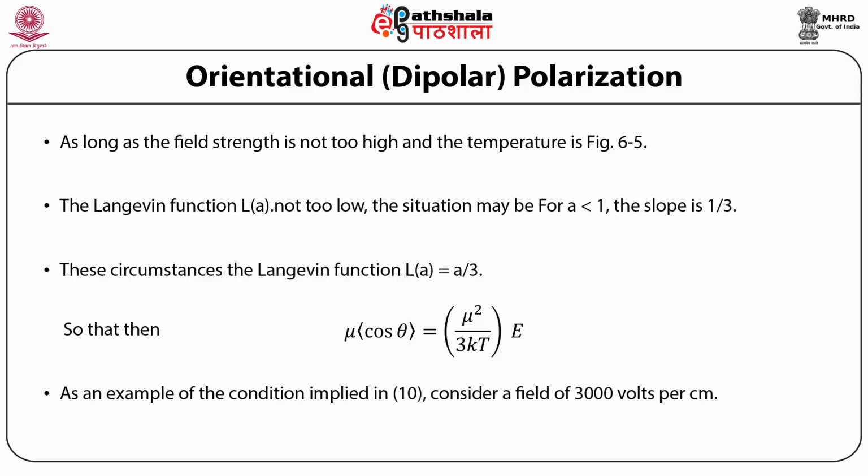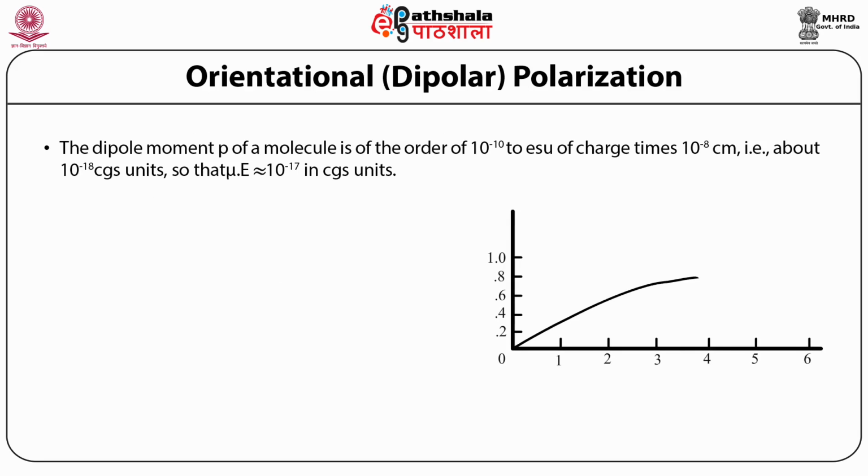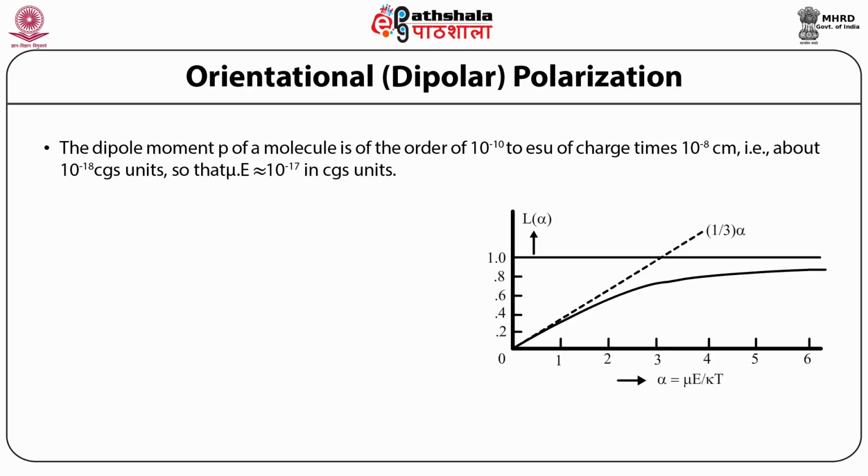As an example of the condition implied in equation 10, consider a field of 3000 volts per centimeter. The dipole moment mu of a molecule is of the order of 10 to the power minus 10 esu of charge times 10 to the power minus 8 cm, that is about 10 to the power minus 18 CGS units. So mu E is equivalent to 10 to the power minus 17 in CGS units.